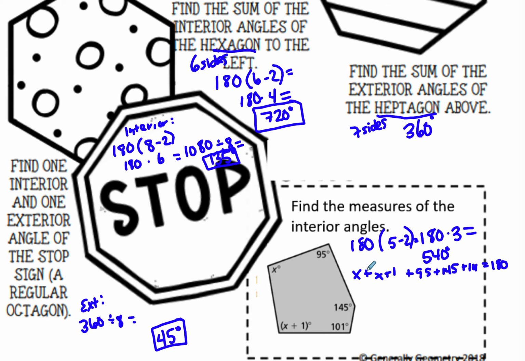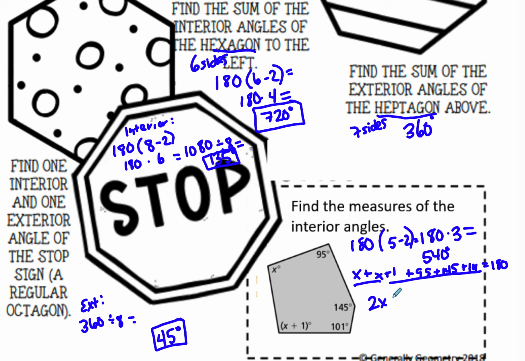We're going to combine the like terms that are on the same side of the equation. So x plus x is 2x. Now I need to add those other things. So, starting again, 1 plus 95 plus 145 plus 101 equals 342.